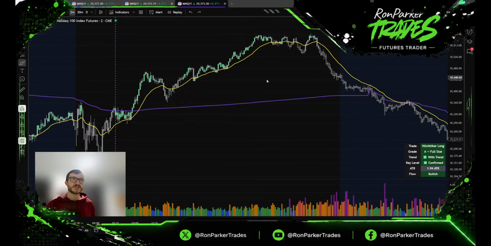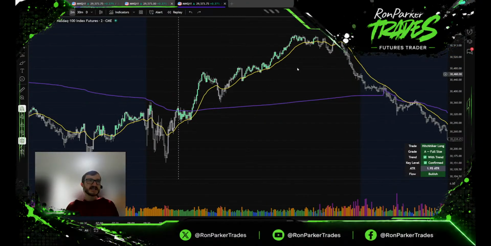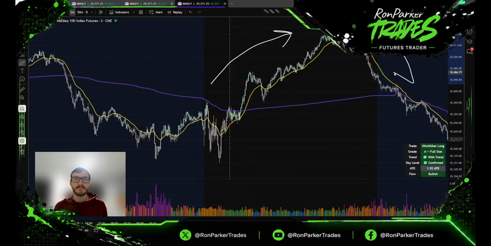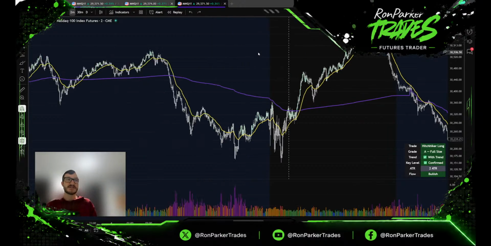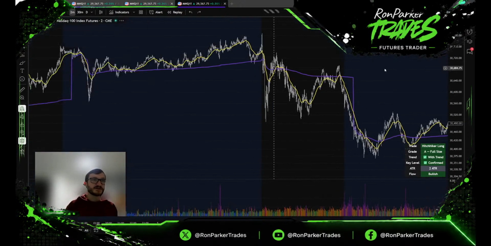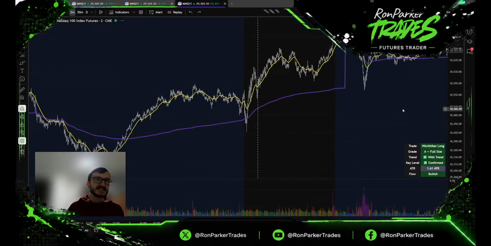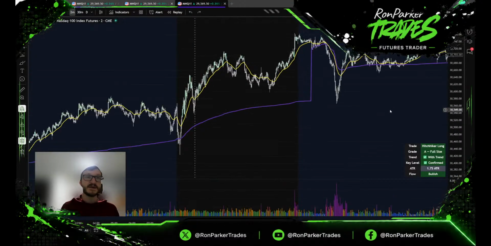Okay? So imagine price does this over and over and over in the market. We have the extension away from VWAP and the back to VWAP. That move is just repeated throughout the day, throughout the month, throughout the weeks. You'll see this all over the place. Extension from VWAP back to VWAP.